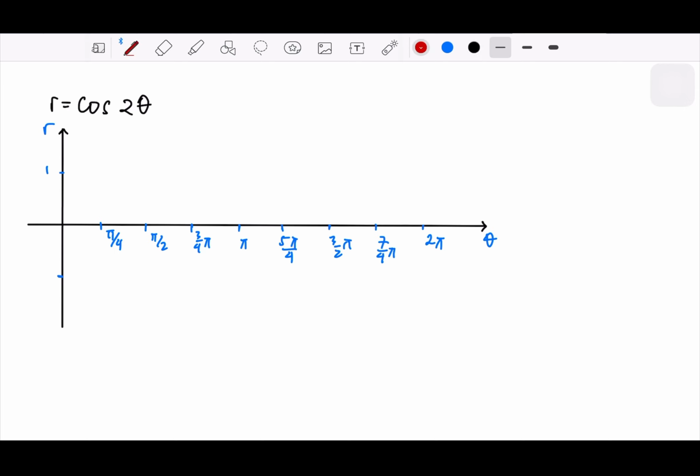So let's connect all the points. Probably that is our curve, right?